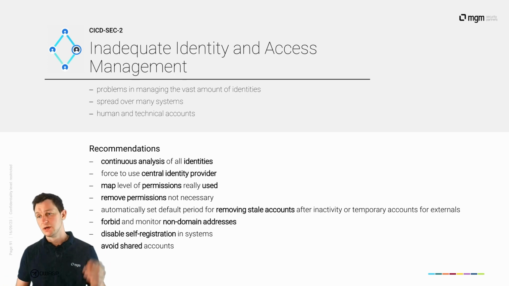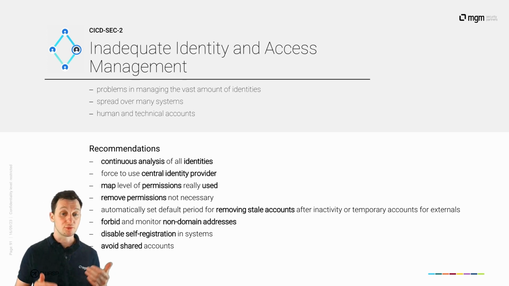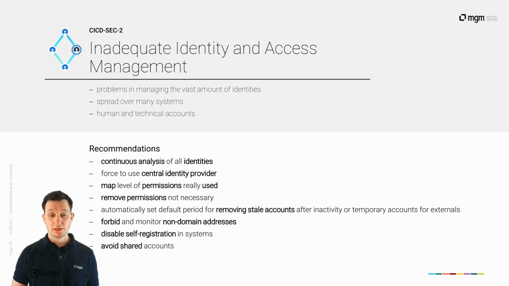We have human accounts, technical accounts, and the recommendation is to have a continuous analysis of all the identities we have on the systems, force a central identity provider, and map the level of permissions that are really used for the system. So when you have a specific account that is administrator because he or she needed it for some configuration, then take away the administration rights after this configuration.